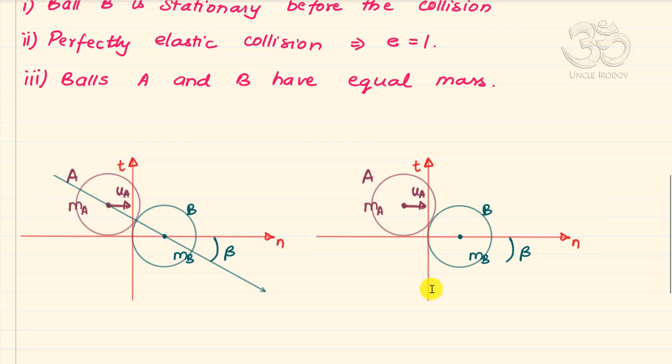got this object B moving with a velocity VB. So it moves with a velocity VB here, and this one has a velocity VA finally in some direction there.